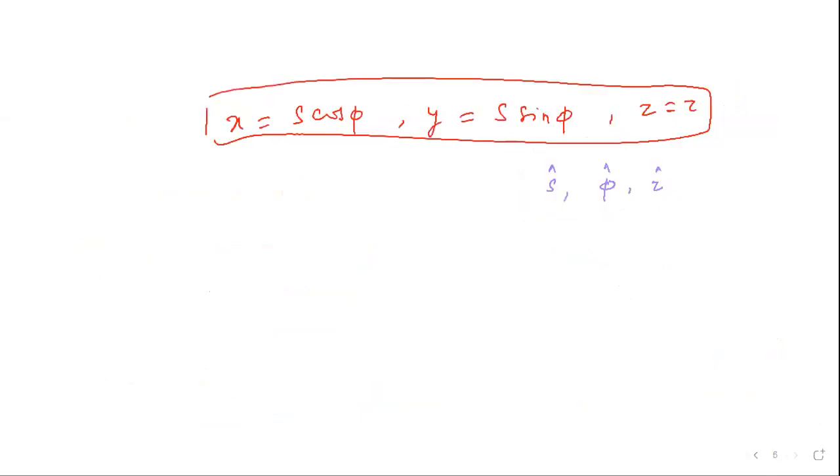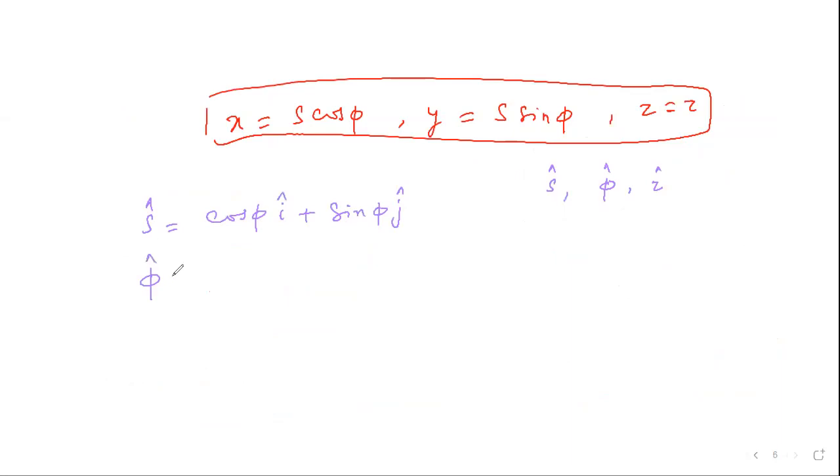We can express these unit vectors in terms of I, J. The relationships are: S cap is cos phi I cap plus sin phi J cap.